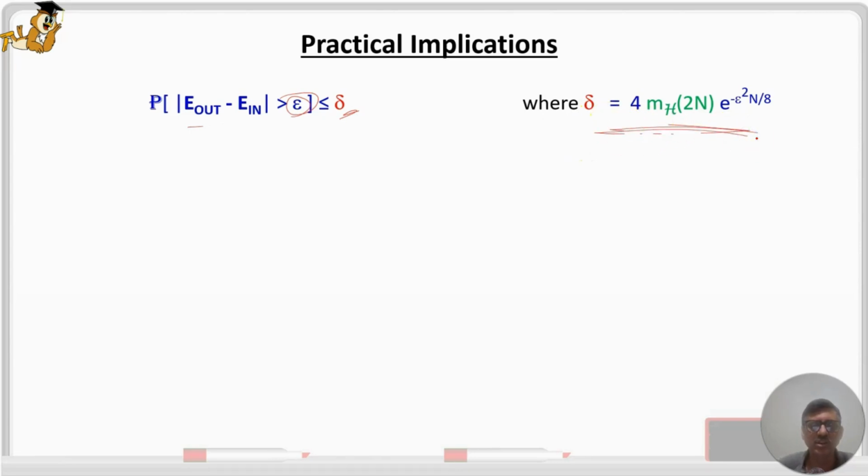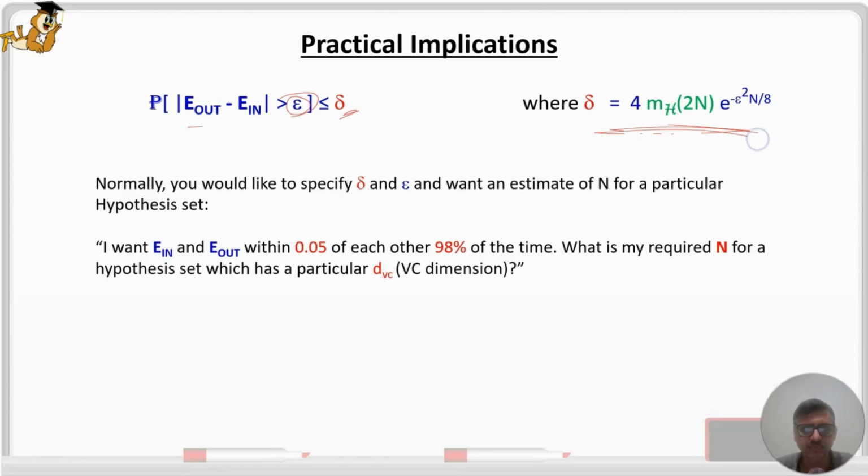So this is what the VC bound told us. Normally, in practice, you would like to specify a delta and an epsilon, and you want an estimate of n for a particular hypothesis set.